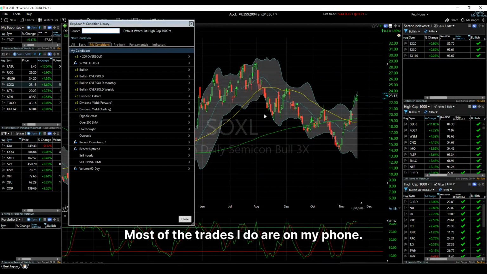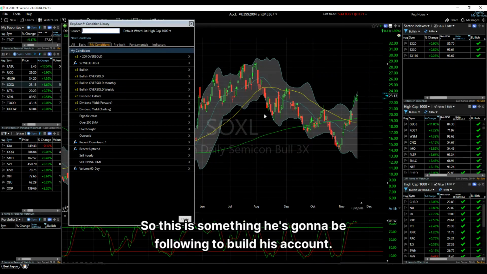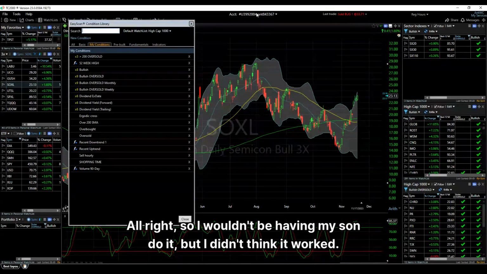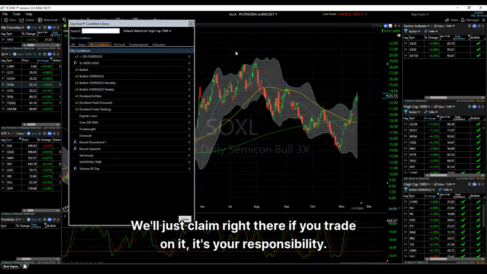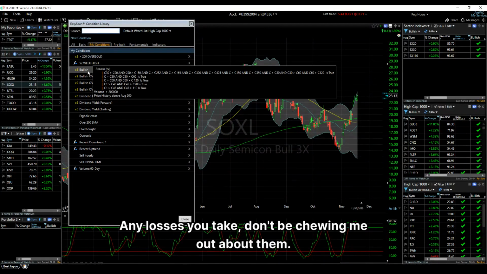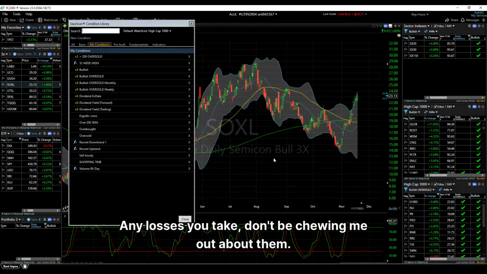Most of the trades I do are on my phone. So this is something he's going to be following to build his account. I wouldn't be having my son do it if I didn't think it worked. But once again, it's all just for educational purposes. Full disclaimer: if you trade on it, it's your responsibility. Any losses you take, they'll be chewing me out about them.